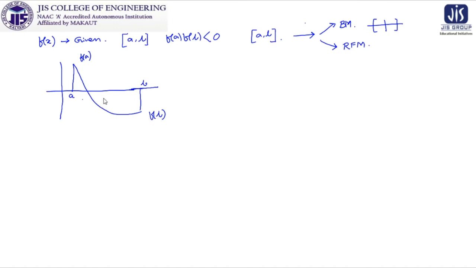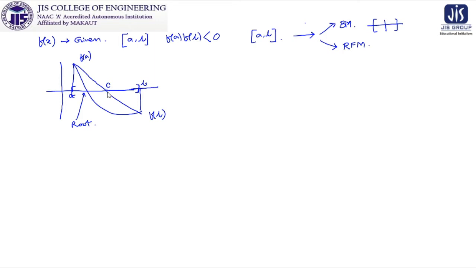What we are doing is joining these 2 points by a straight line, and this straight line cuts the x-axis at a point C. It is clear from this picture that this is our root, and it is also clear that from A to B we have the guarantee of the existence of the root. The root is here, but at this moment we get this C over here.